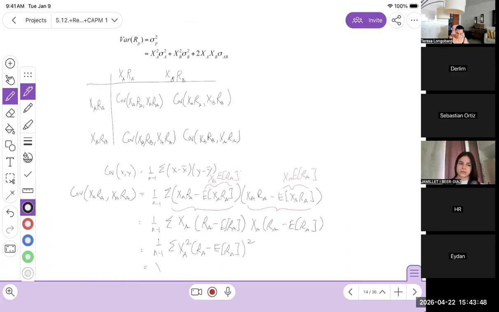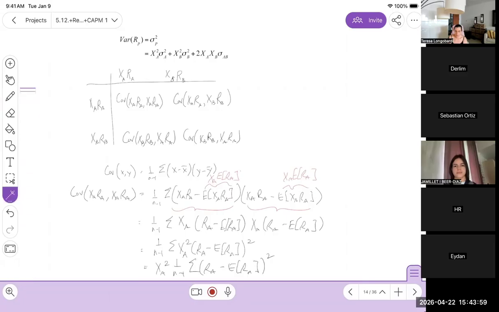Isn't that similar to the variance? It is the variance. Very good. So there you go. What is this? How do I simplify this then? It is actually the first term in my formula.